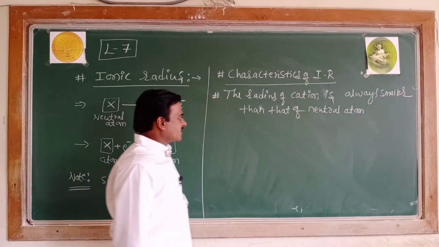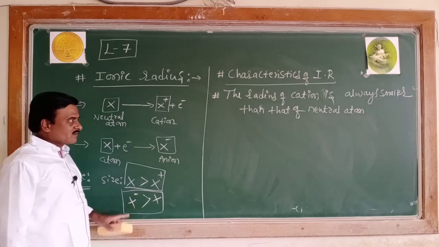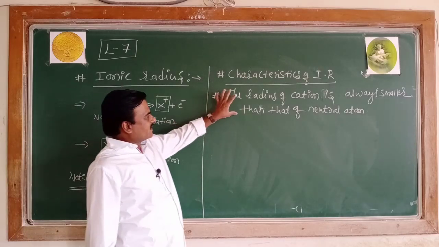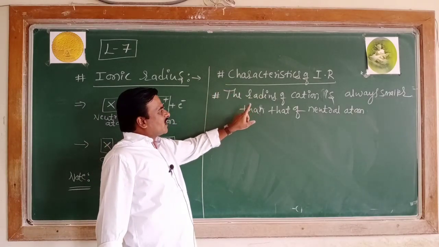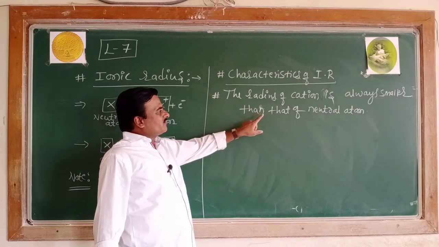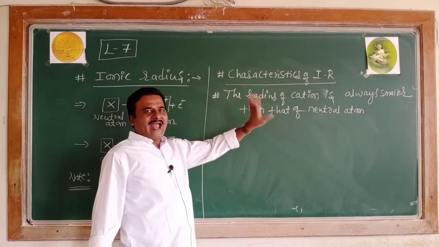What is the characteristic? I said it already symbolically, but written in a sentence: the radius of cation is always smaller than that of neutral atom.